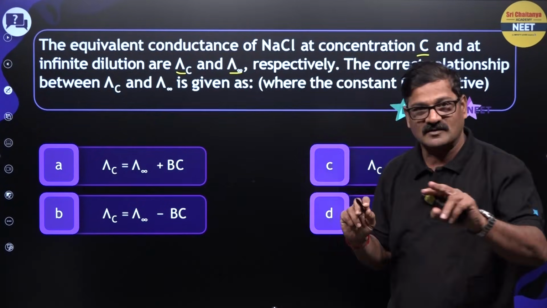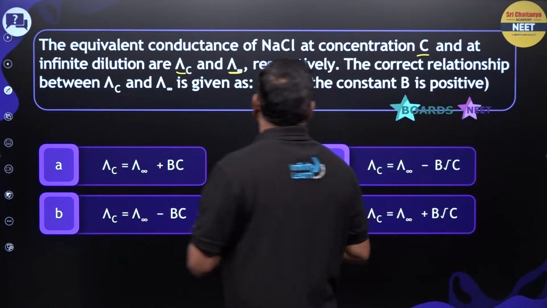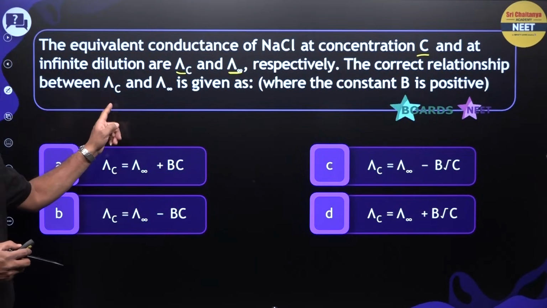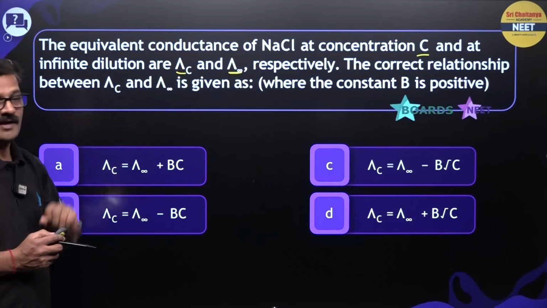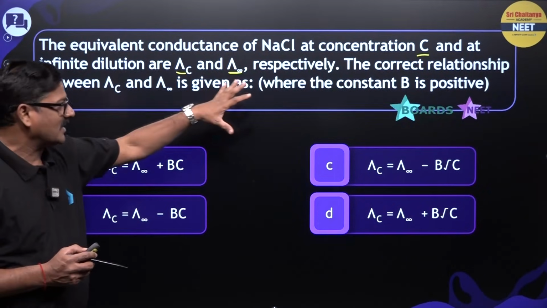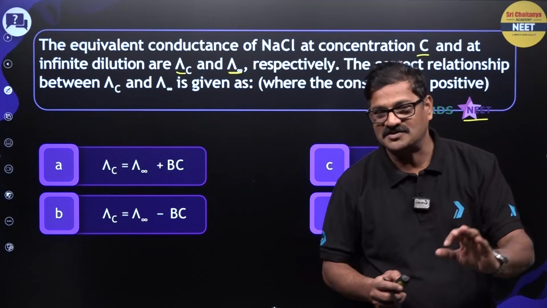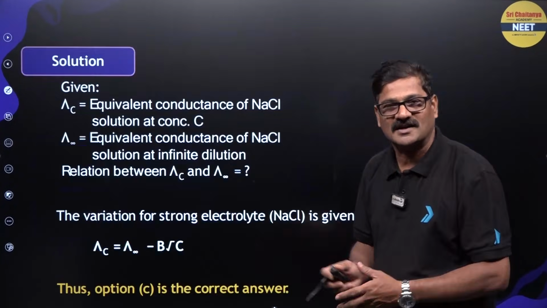The question is: the correct relationship between molar conductance at a given concentration and molar conductance at infinite dilution is given as. So, it is directly based on the Debye-Huckel-Onsager equation. Different options are given. What does the Debye-Huckel-Onsager equation say?